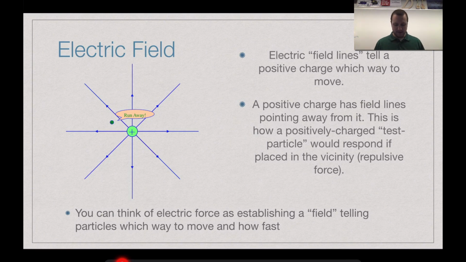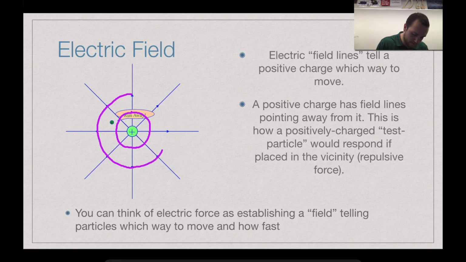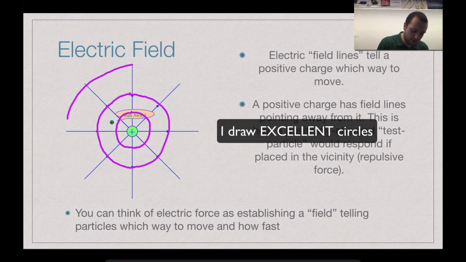One way that you can consider this is if we start drawing concentric circles around the point charge. So if we do a circle right here, we can look at the density of the field lines and compare it to a circle right here. And we can draw another circle even further out, right, to just try to encompass everything that we have here.